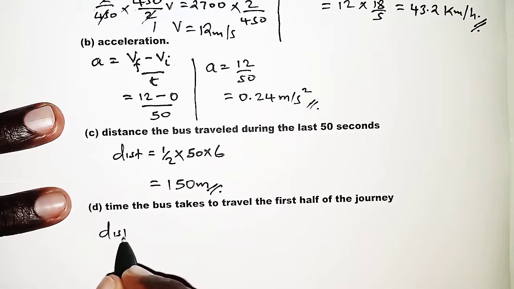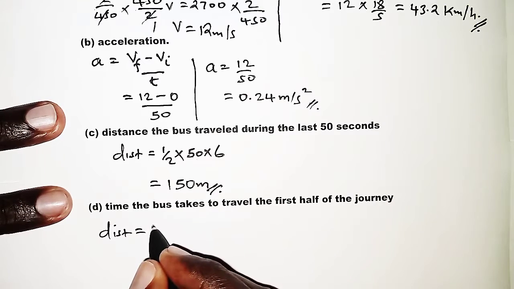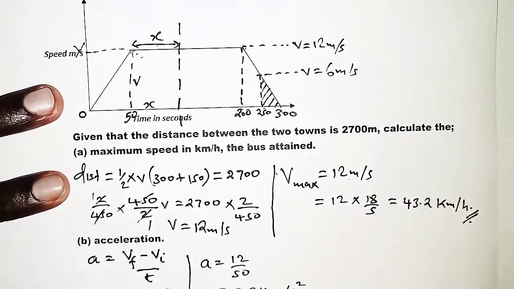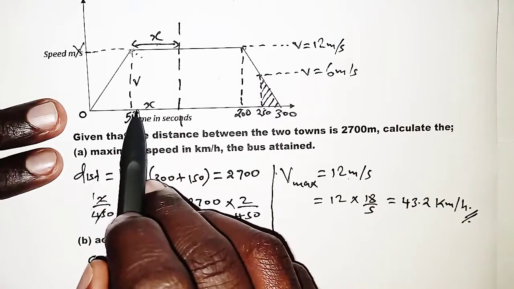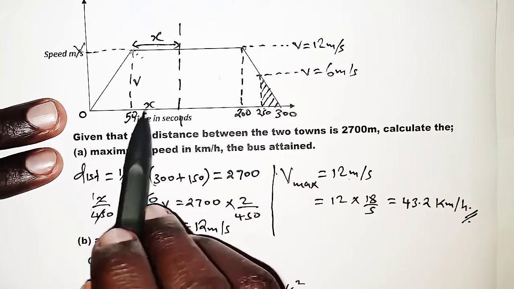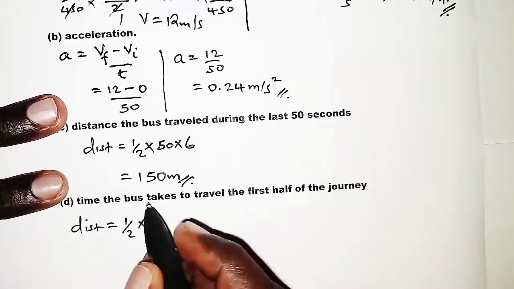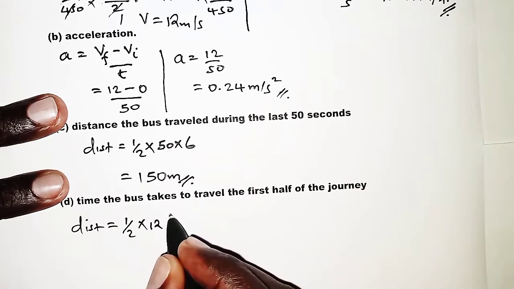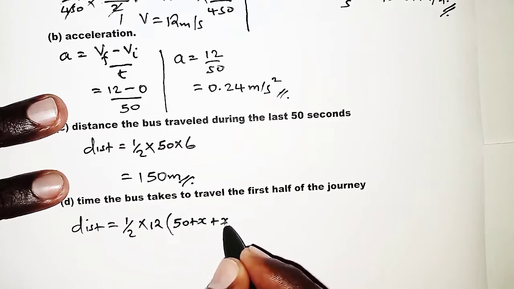So we use the formula: distance traveled in half the journey, which is just the area under the graph, which is a half times the height, which is still the velocity, times the sum of two parallel sides, x plus 50 for this particular side. So we're going to have a half times velocity, which we already obtained as 12 meters per second, times one of the sides, which is 50 plus x, and the other side is x.